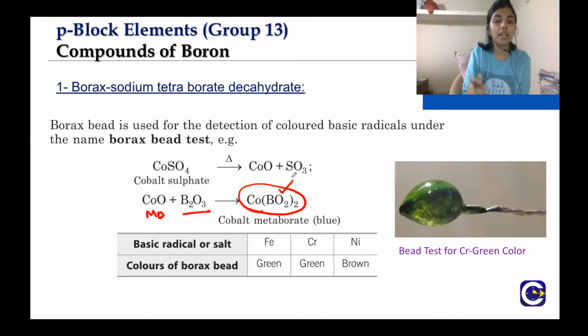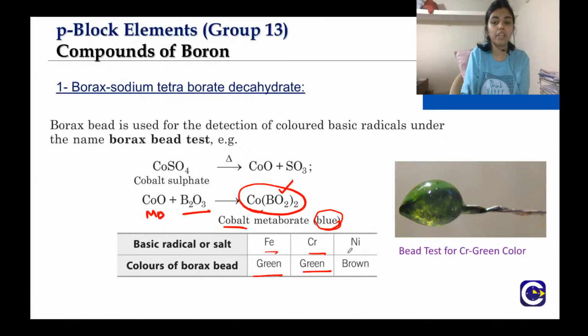So metal metaborates are of different colors for different metals, and that is how you can identify whether a particular metal is present in your given compound or not. Again, the colors are important. Cobalt, the color is blue. Iron, the color is green.